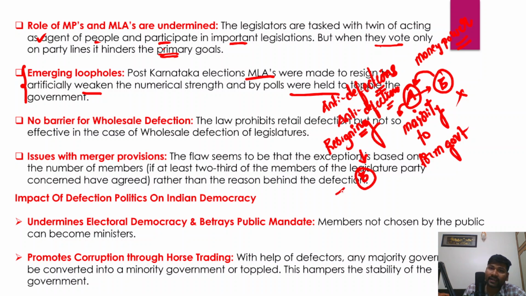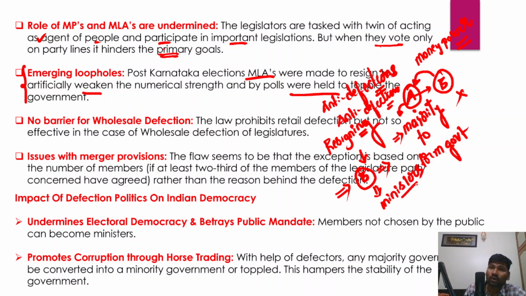Now here, party A loses the numerical strength to claim the majority to form the government. When the members of party A resign and contest elections again, they have better chances of winning, and next they are becoming ministers as well.